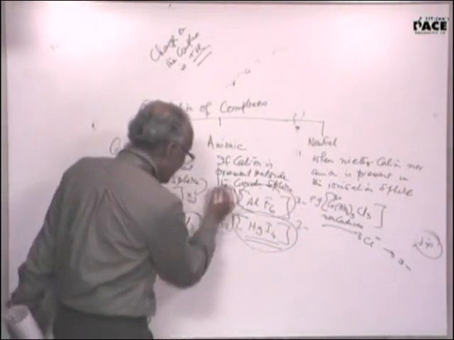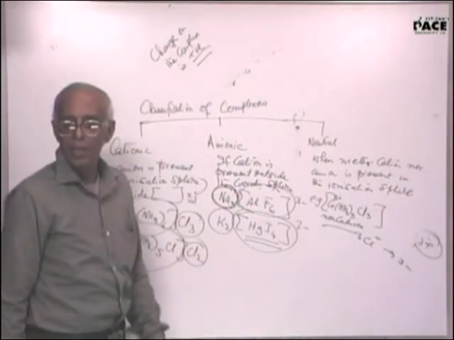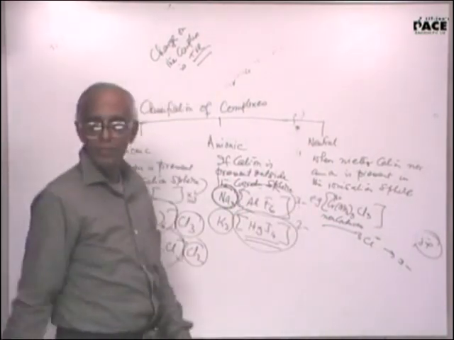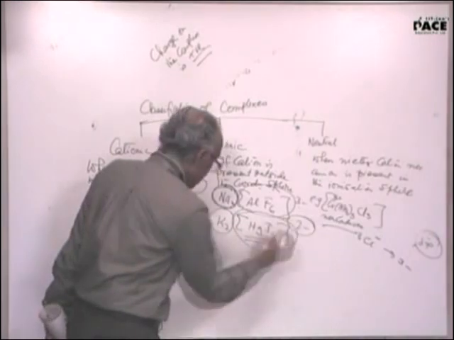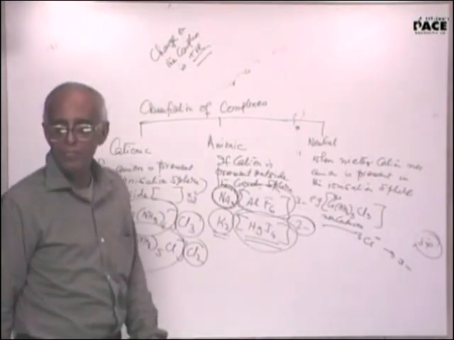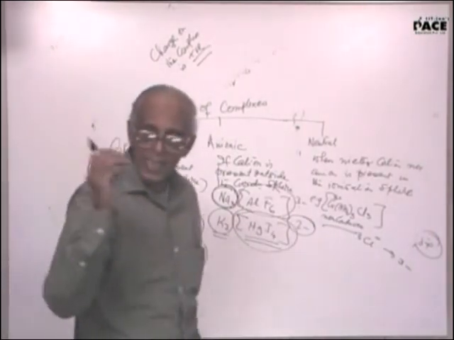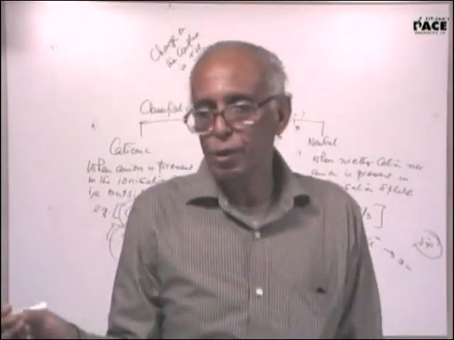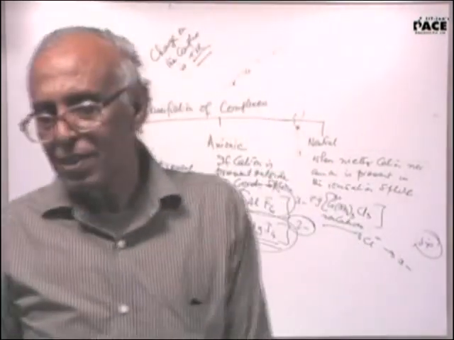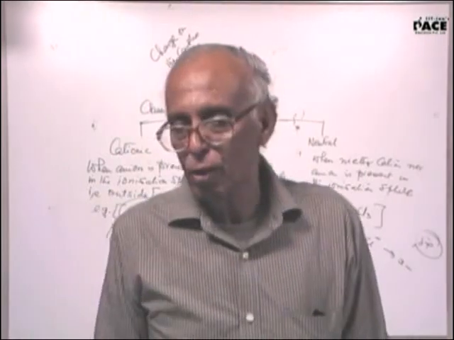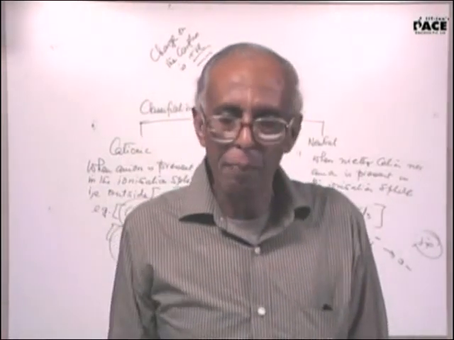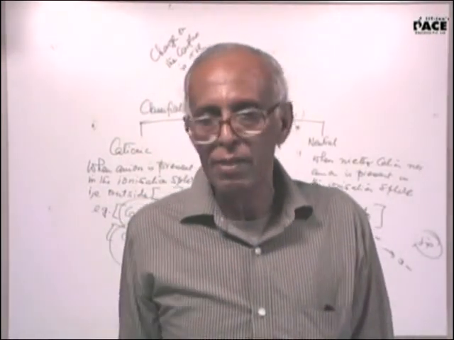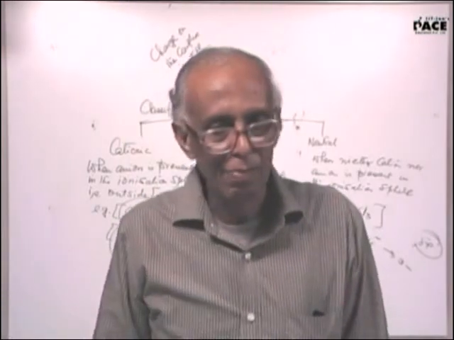That is why I need 3 sodium ions to neutralize the 2 negative charge. To neutralize the 2 negative charge, I need 2 potassium ions. So if the cation is present outside the coordination sphere, it's an anionic complex. If anion is present outside the coordination sphere, a cationic complex. Neither cation nor anion, it's a neutral complex.